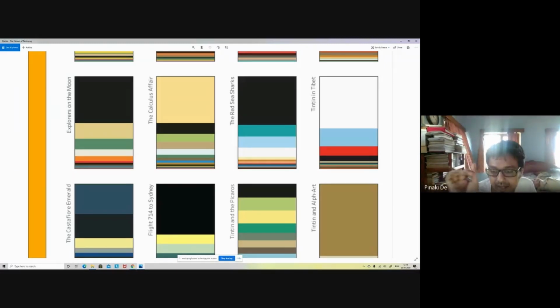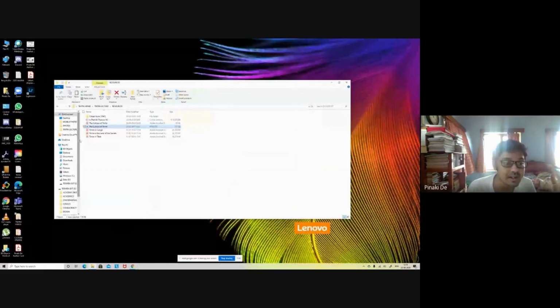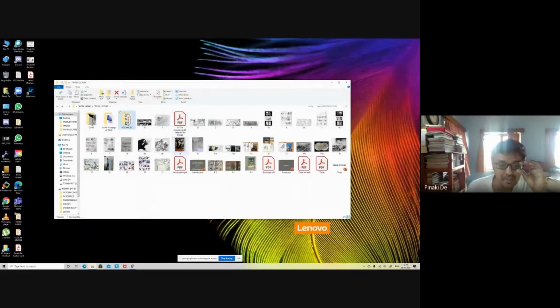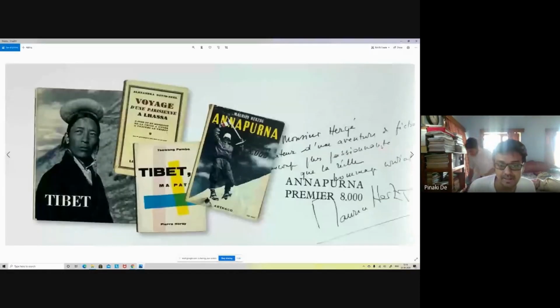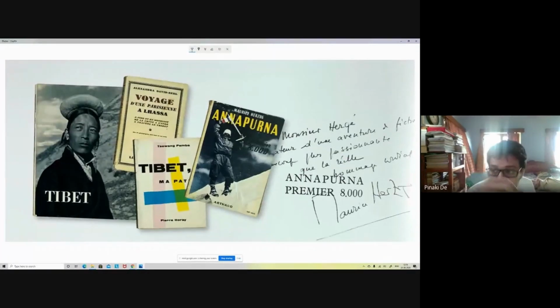You can analyze the color of all the Tintin books and put it in a kind of an algorithm. So you can go crazy with Tintin study. There are so many things. So what are the books from which he was inspired for Tintin in Tibet? He never went to Tibet. He is very inspired by the book of Alexandra David-Neel, the woman spiritual traveler.